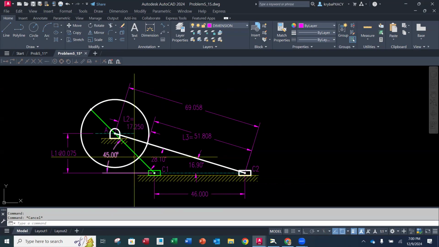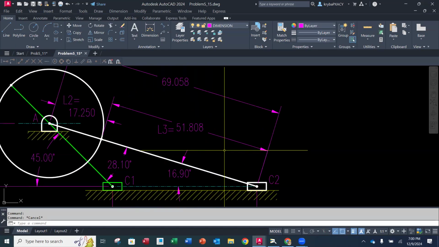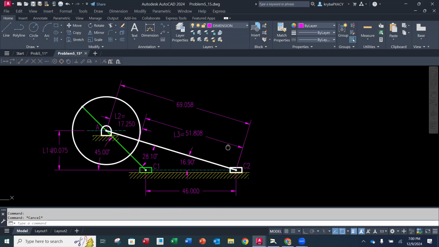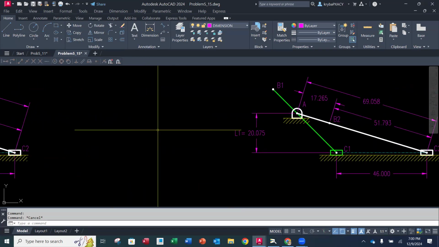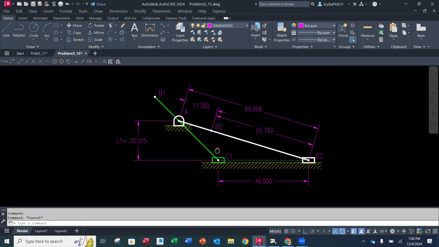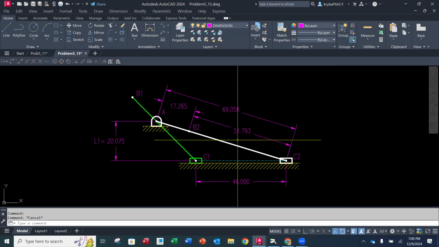You don't have to label beta. I just want to see the 28.1, 16.9, and the 45 degrees. So you want to just add those couple of extra things to the diagram that you see here.